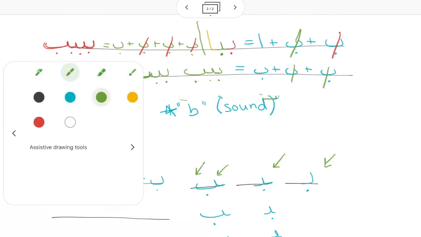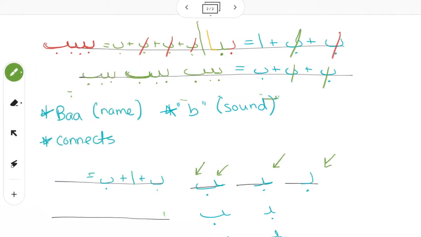So pause it and come back. So the first letter ba is going to be in initial position. The alif is going to be connected because it connects to what comes before it. So we take that connecting line and we connect up. Can we connect that alif to the next letter though? We cannot.